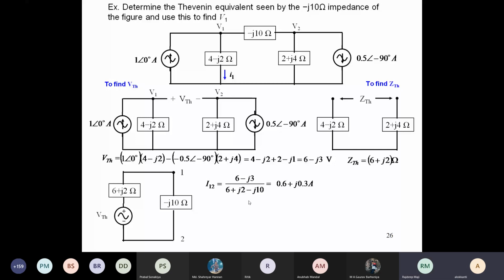So this is the current flowing through in the circuit. So the potential at point 1 you should be able to find out. That is the voltage across the J10 ohm impedance.